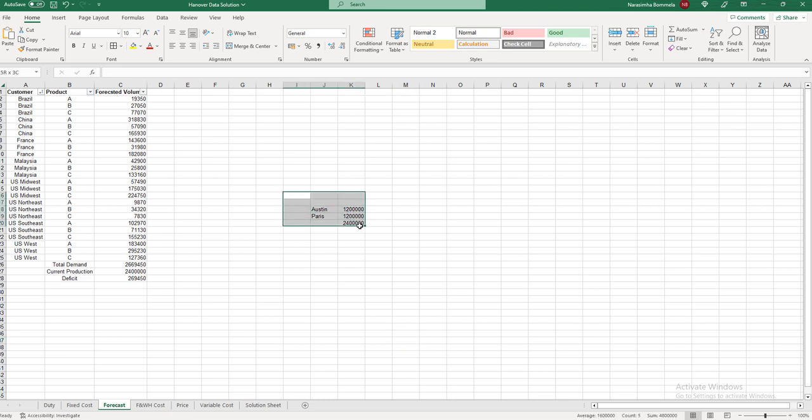It clearly explains that though we increase Austin and Paris to maximum production size, we still see some deficit in satisfying the total demand. Definitely in this case, it is very important that we go for a new plant.